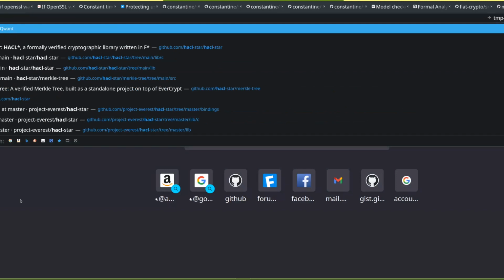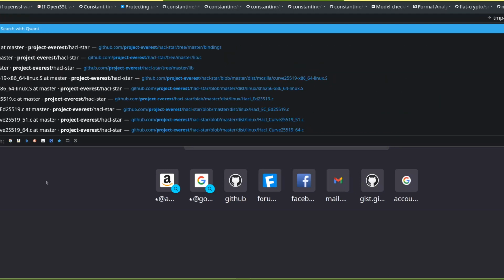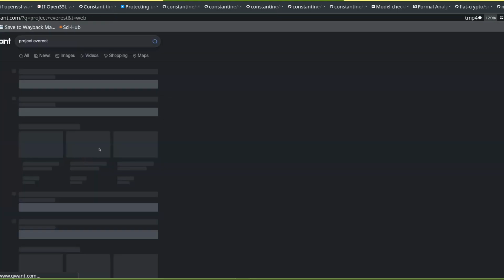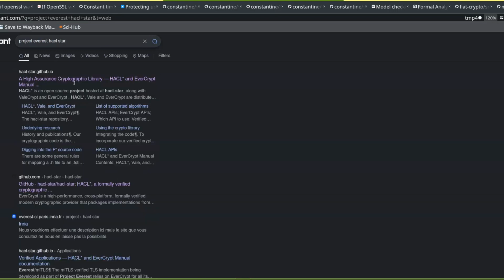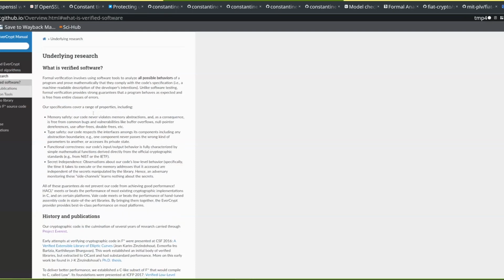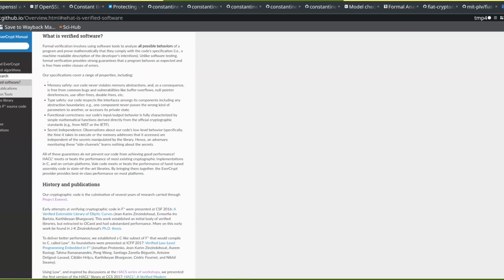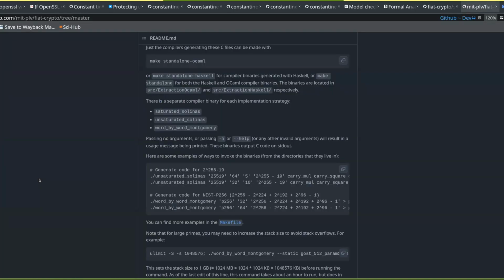Let's see, if I search Project Everest, which was sponsored by Microsoft and INRIA in France, to provide TLS 1.3 formally verified from the bottom up. And you have some explanation of verified software. So it goes beyond just memory safety, which is something that Rust provides. You have no design bug, no bug at all, basically.